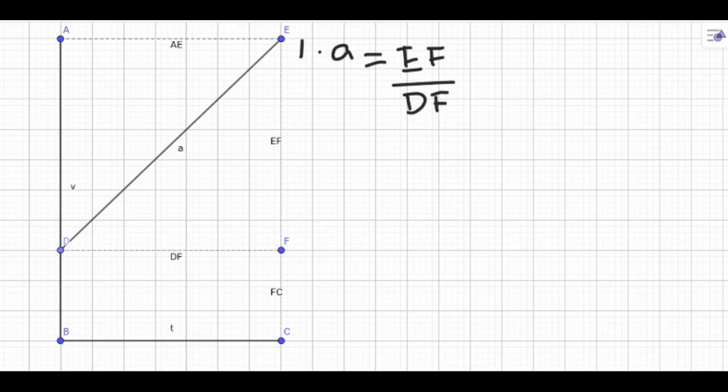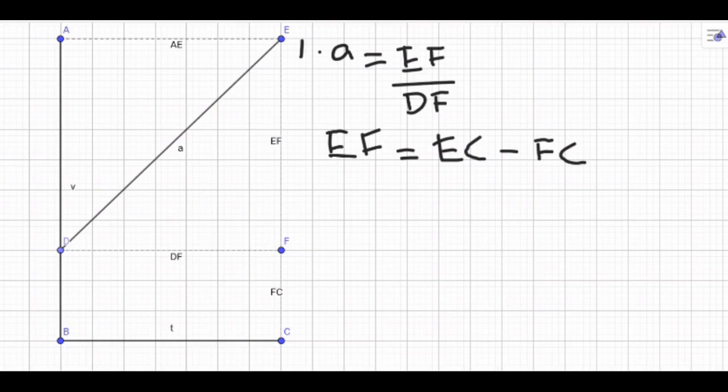Now what is EF? EF is equal to EC minus FC. Here EC is the final velocity and FC is the initial velocity, because the graph is starting from the point D. So DB will be the initial velocity, which is also equal to FC.